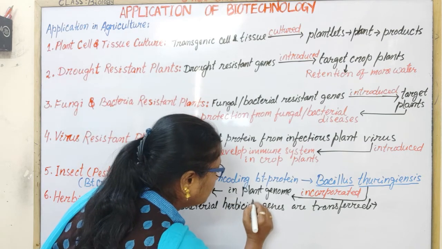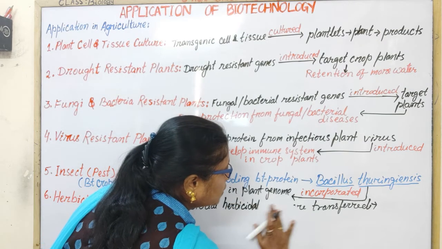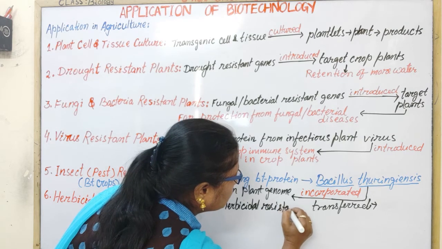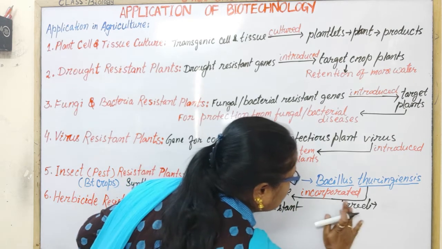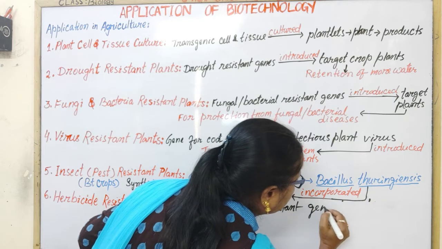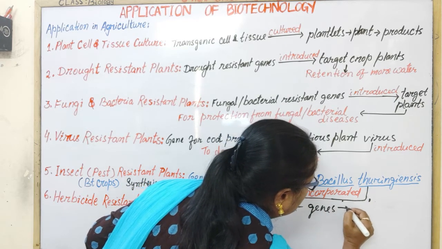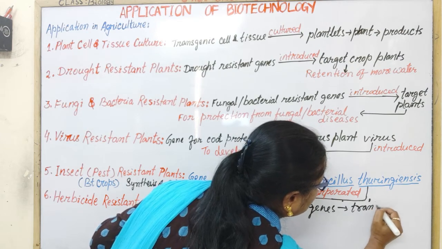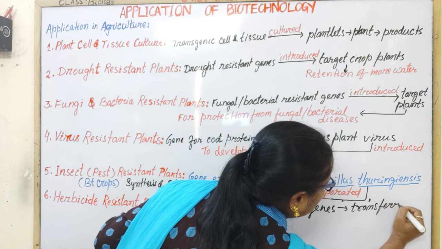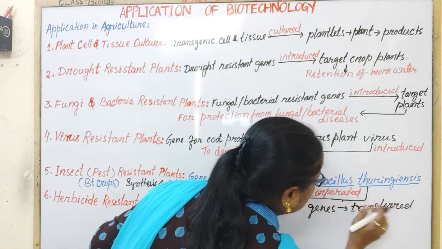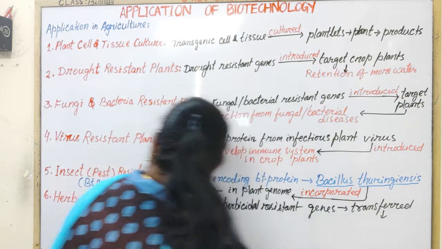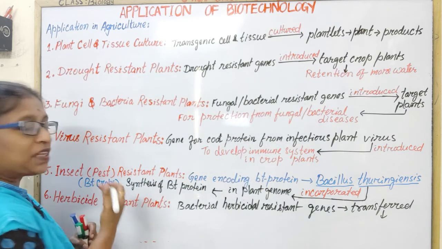Herbicide resistant genes are genetically transferred, or we can say incorporated, into the target crop plant cell to make them herbicide resistant.